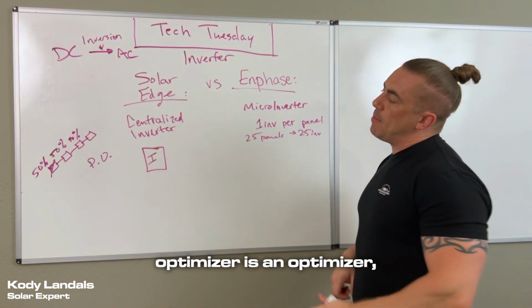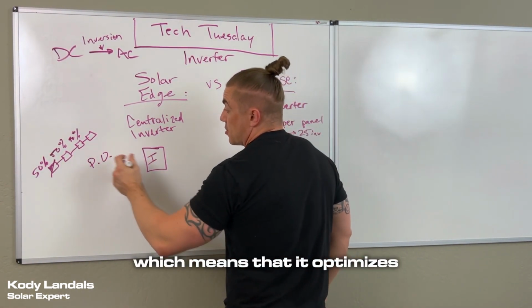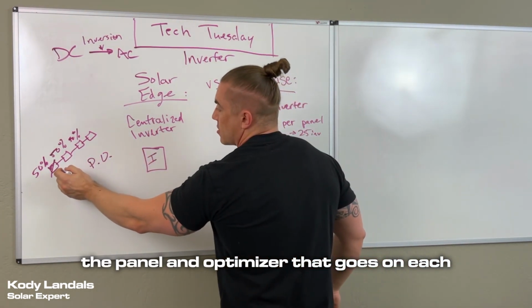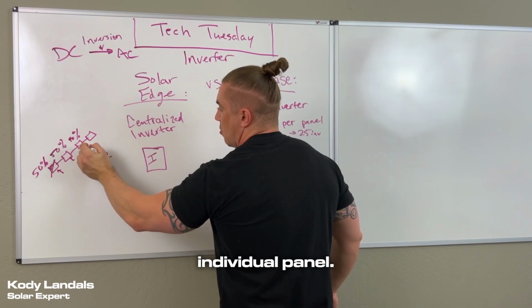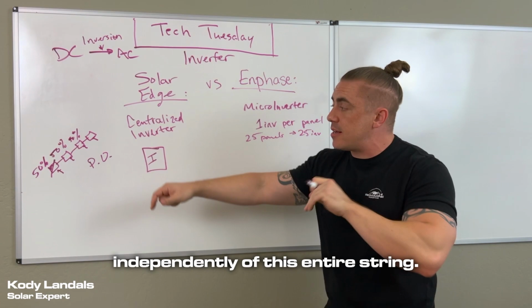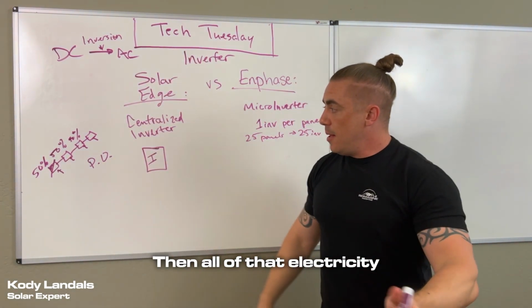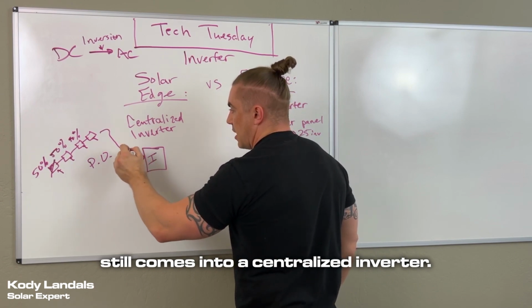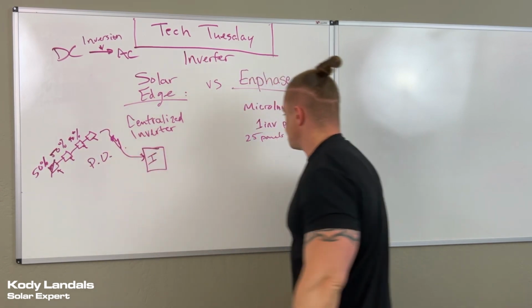A power optimizer goes on each individual panel and optimizes it. This allows each panel to operate independently of the entire string. Then all of that electricity still comes into a centralized inverter.